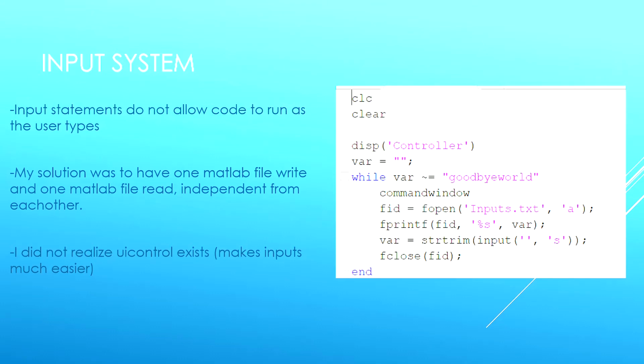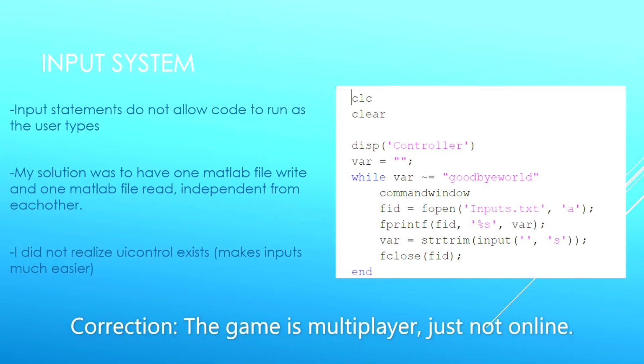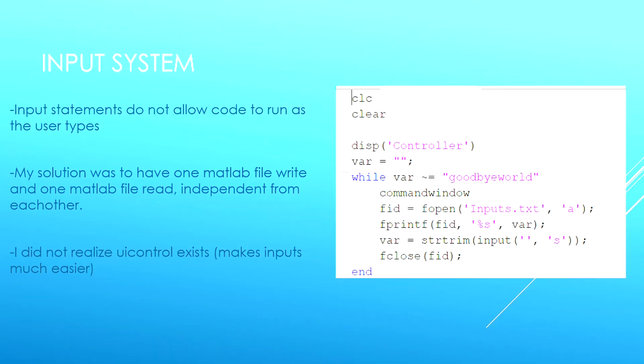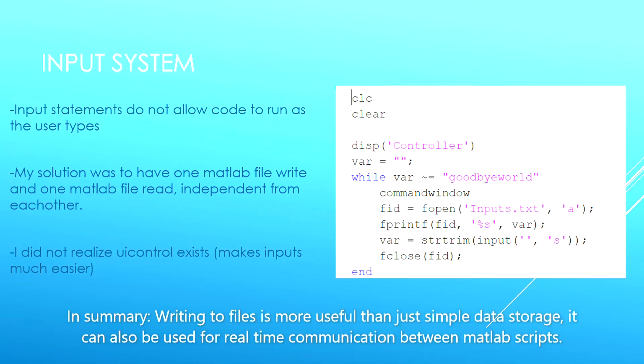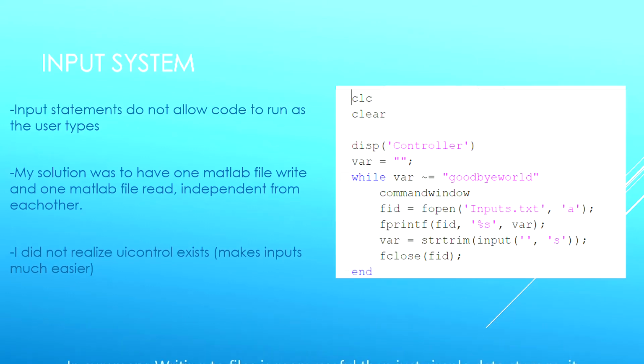It would be similar to what they use for servers. If I wanted to make this game multiplayer over the internet, this system, or a system like it, would have to be used so that players could send input packages, and the server could then read them and update the system.